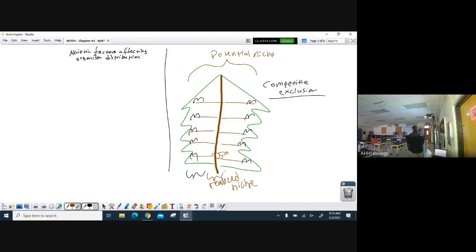Okay, so it turns out that for most cases, no two species can survive in the same or in overlapping niches. They have to have some resource or way of living that is entirely their own, because if not, then they would either outcompete the other species or the other species would outcompete them.